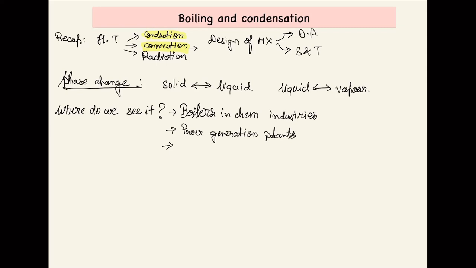So even in a day-to-day example, equipment that actually does condensation can be a refrigerator. These are some of the examples, and to design all these equipments and cases, we must understand boiling and condensation. All right.